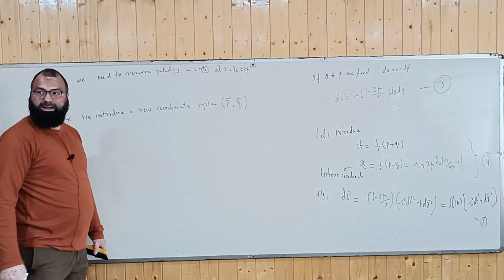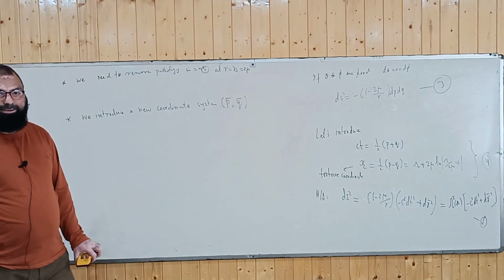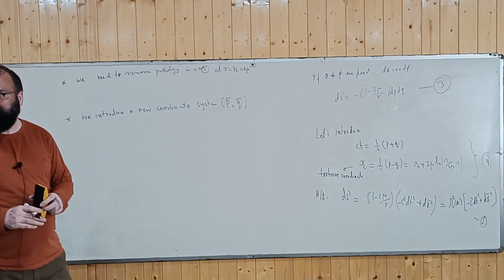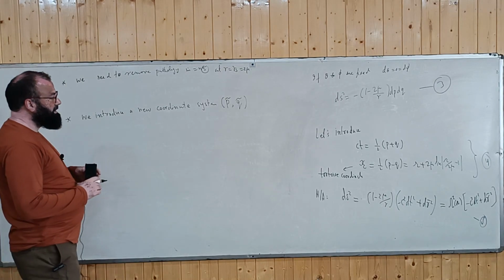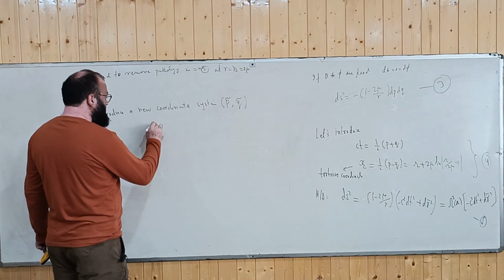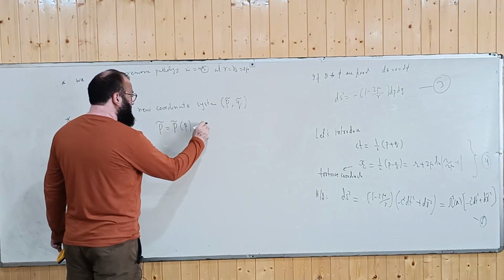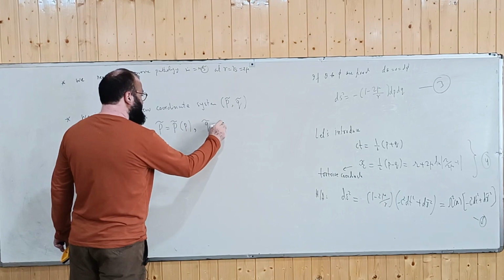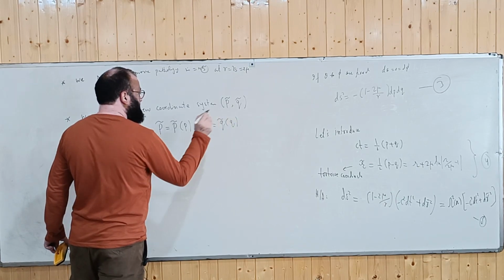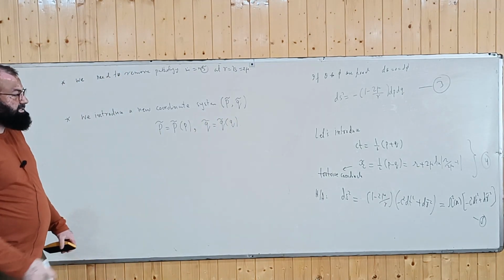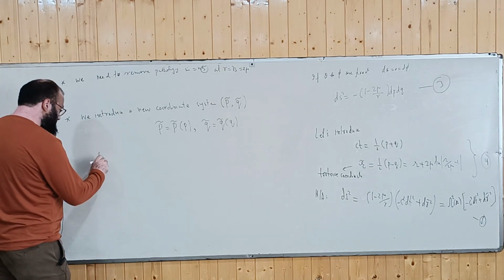For the time being, there will be r, theta and phi as well, but I will not be bothered about that. We'll put everything in at the end. So this P tilde is a function of P and Q tilde is a function of Q. Clear?